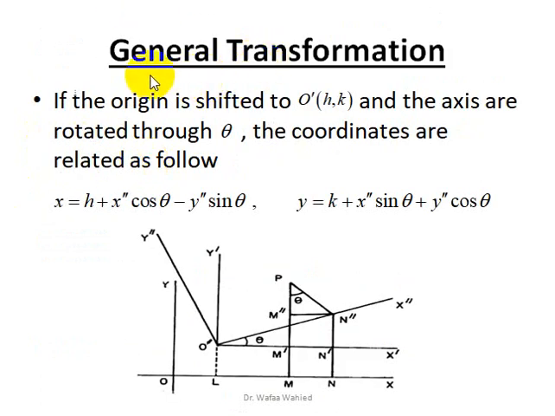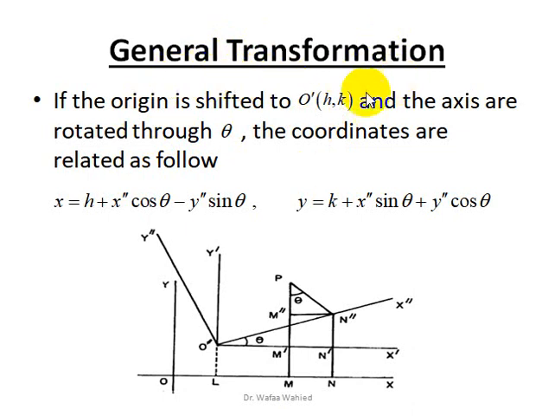Third, we will explain general transformation. General transformation contains two steps. The first step is transformation of axis. The second step is rotation of axis.